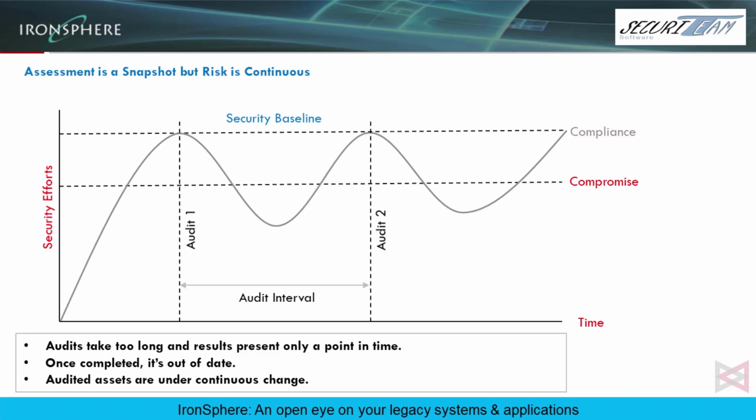Meanwhile, the systems are continuously changing as a result of business requirements, new versions of products, and other requirements that generate changes. This leads to a gap between the security control's desired state and the actual state. In other words, most of the time, you're not in compliance.